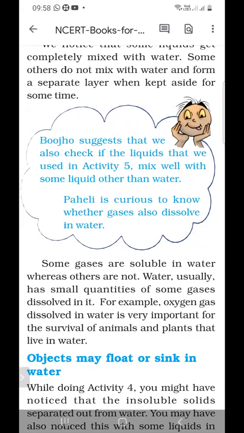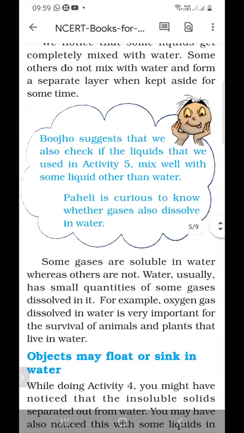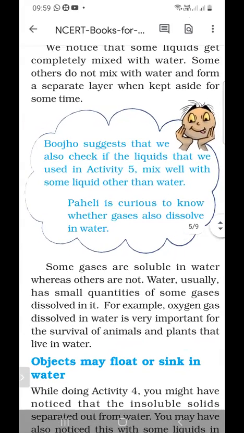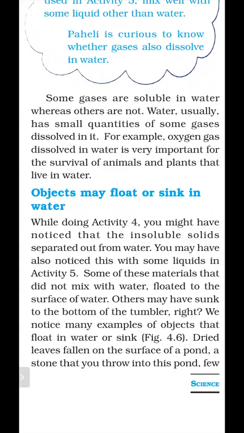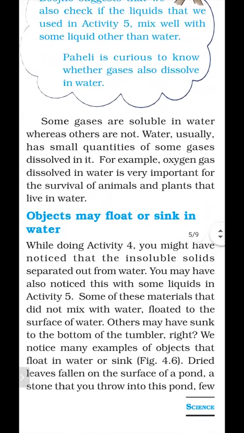Plants and animals living in the water take oxygen from the water so that they can survive in the water. So this is the activity and this is the property of the material. And the next property of the material is that objects may float or sink in the water.